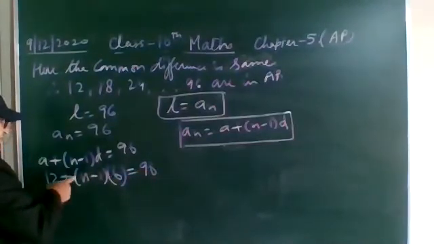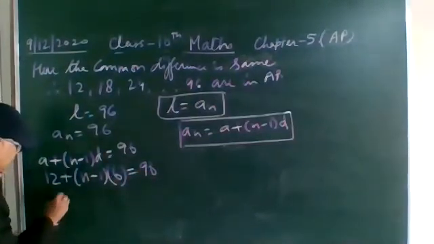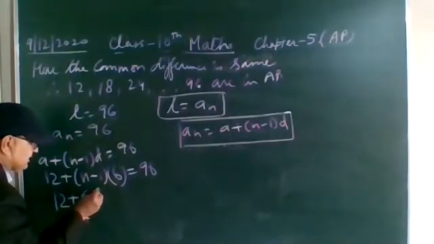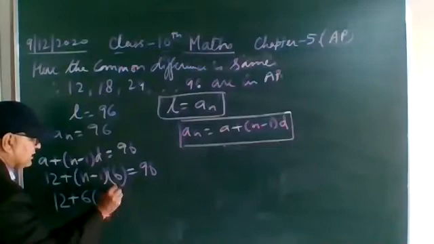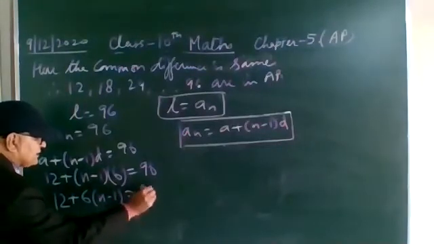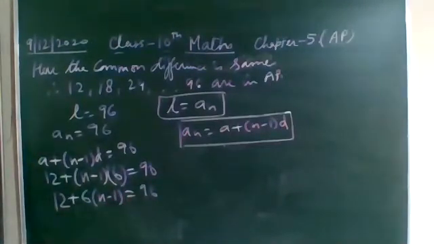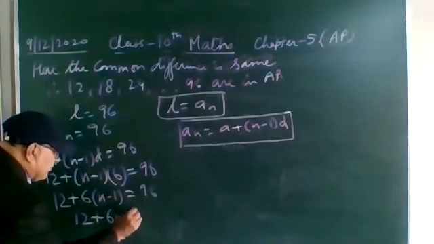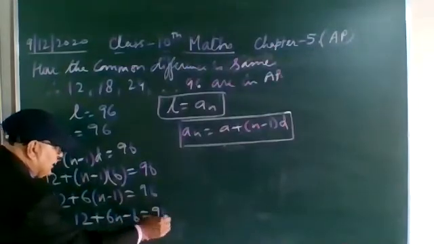Bring this 6 in front of this bracket. So 12 plus 6 into n minus 1 equal to 96. Now you solve. That is 12 plus 6n minus 6 equal to 96.